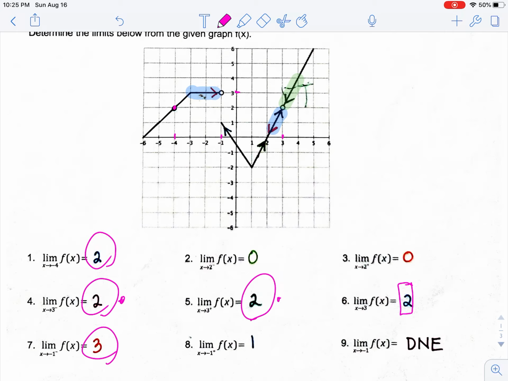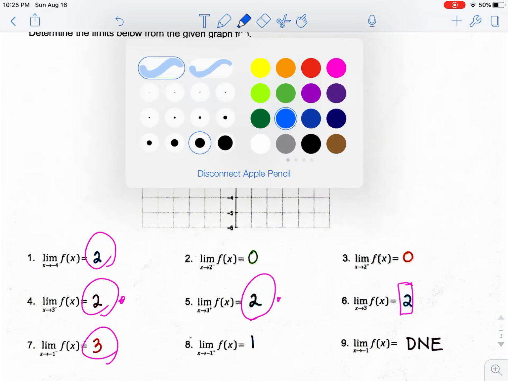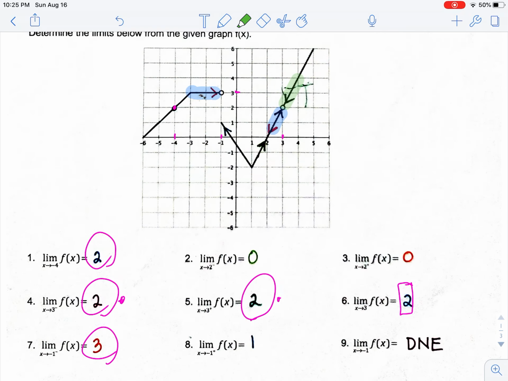In number 8, I'm going to be on the other side of -1. The little plus sign means I'm approaching it from the right-hand side. So I'm going to get on the right-hand side of -1 and follow towards -1. It looks like the y value at that point is 1. It's approaching 1, so we put 1 down here.